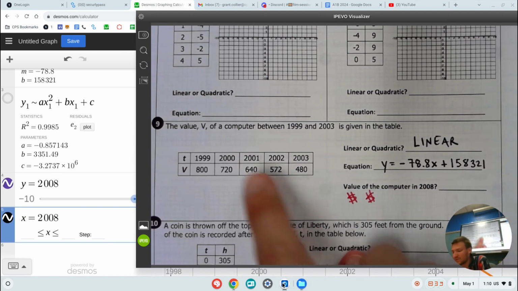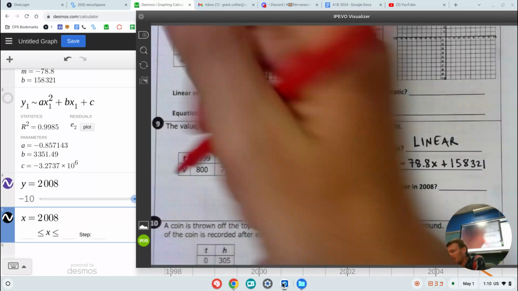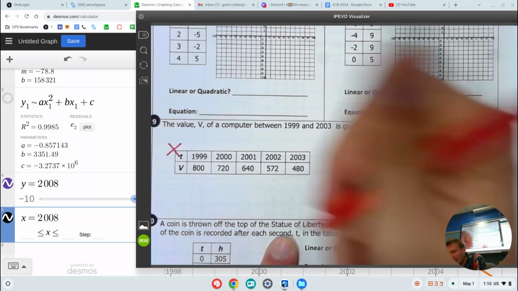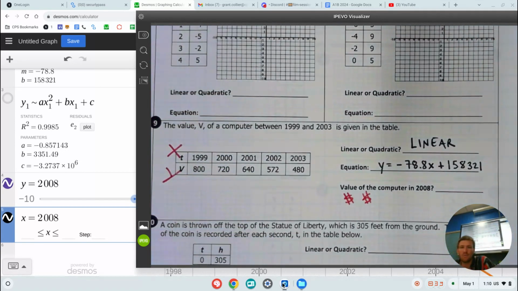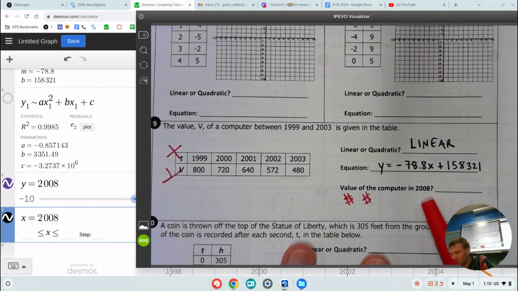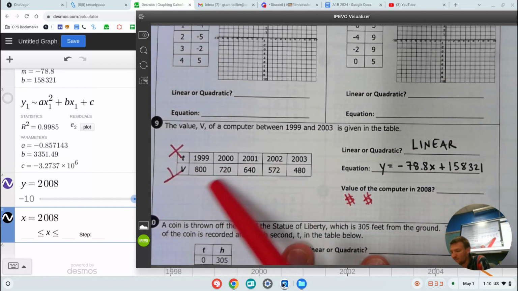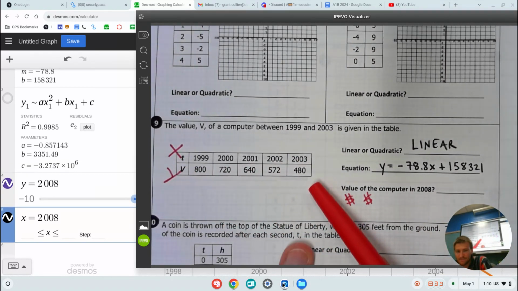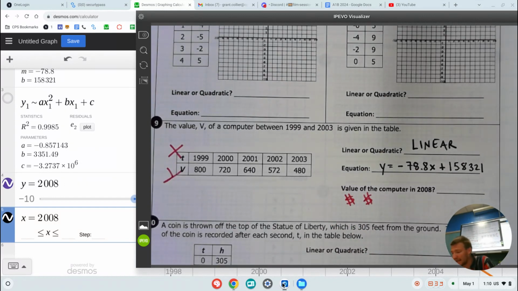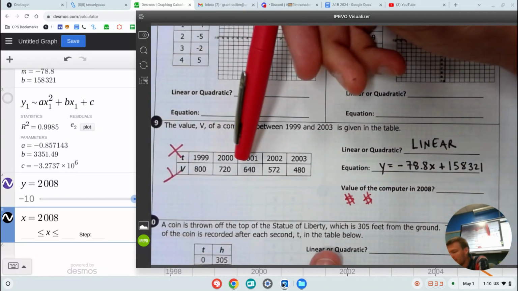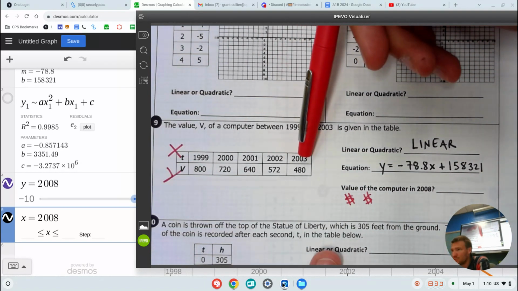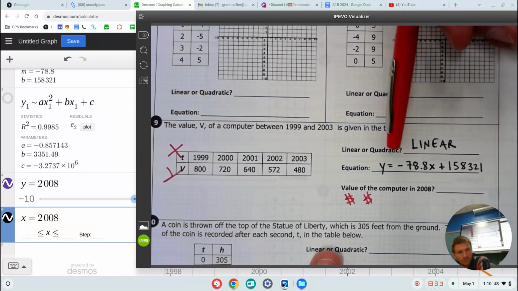Now, if I think about 2008, and I know that I used these values as my x and these values as my y, does 2008 work as an x value or as a y value? It works as an x value, right? The x values are 2000, 2001, 2002, 2003. Guess what's coming up? 2008.